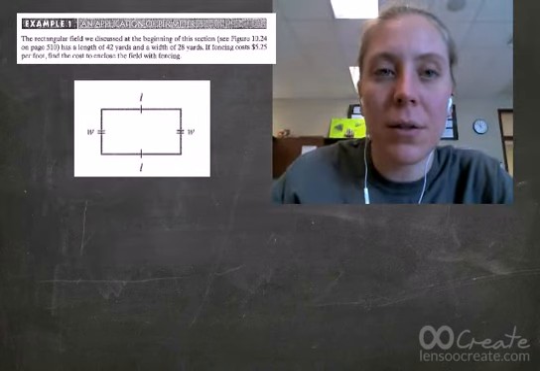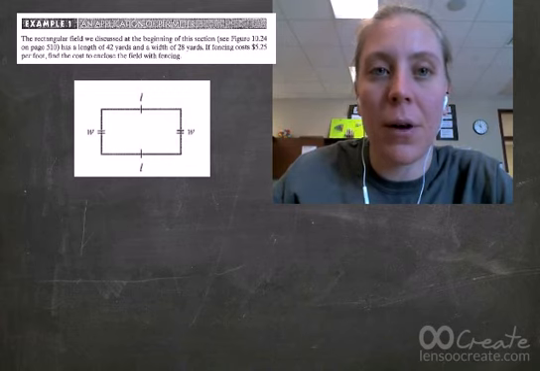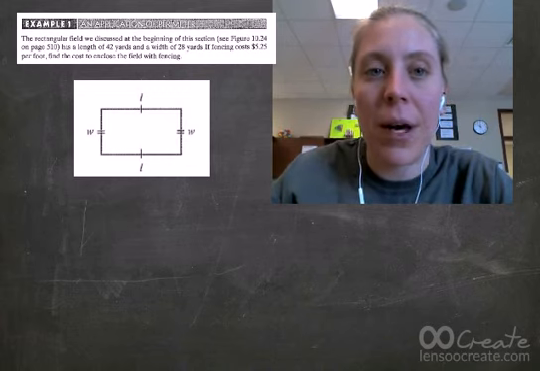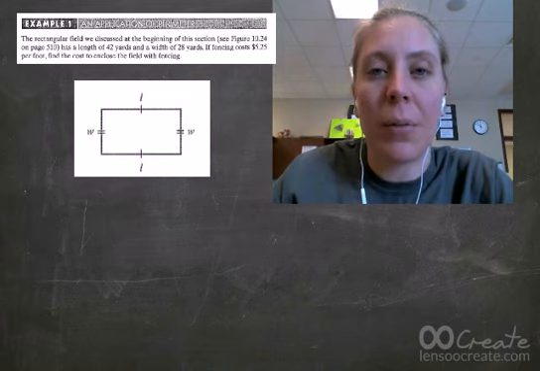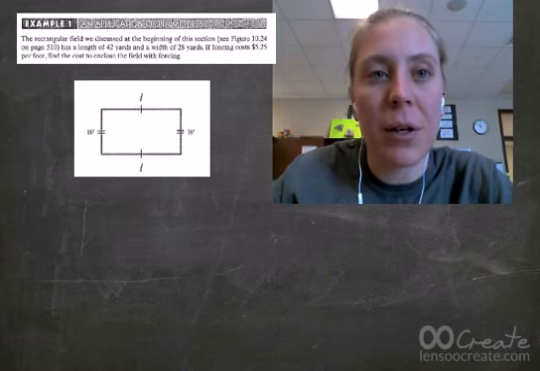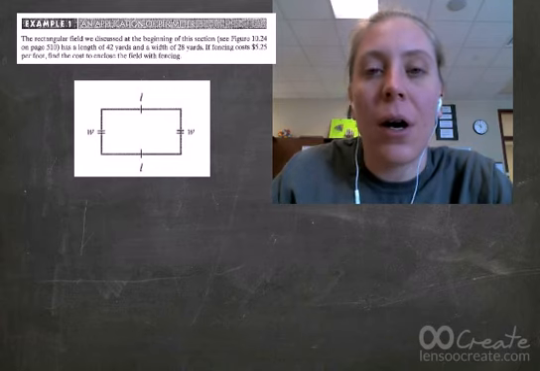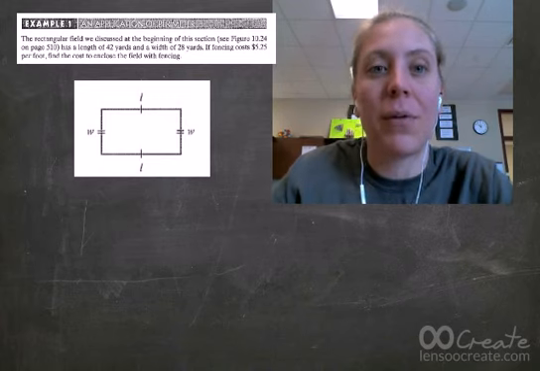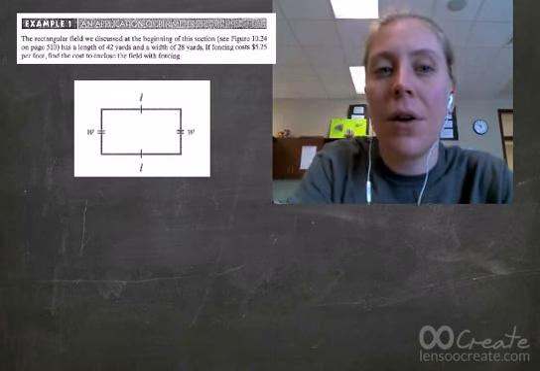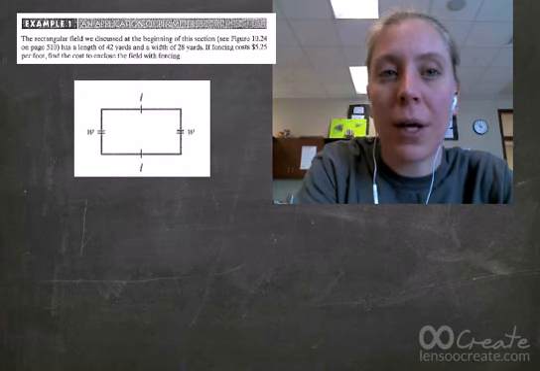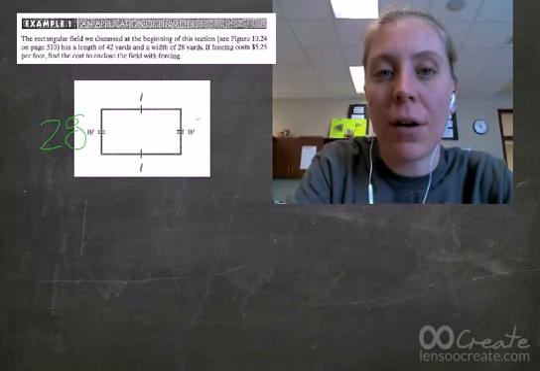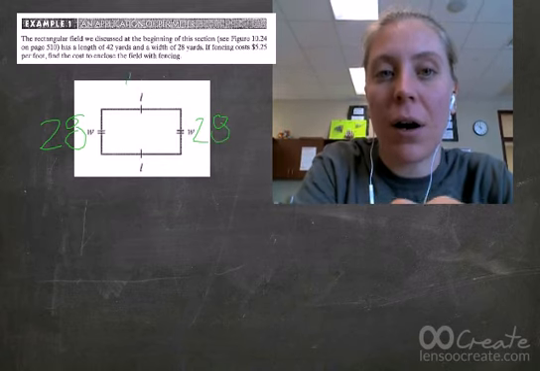All right, so let's do an example here where we are working with perimeter. We have a rectangular field that was discussed at the beginning of the section. It has a length of 42 yards and a width of 28 yards. If fencing costs $5.25 per foot, we want to find the cost to enclose the field. Well, we've got our 2 widths, which are 28, and we have our lengths, which are 42.